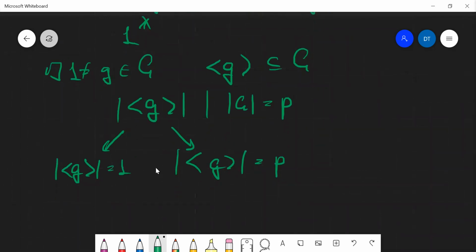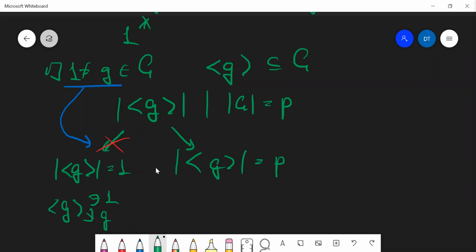But now, since the element g is not equal to the identity element, the first option cannot hold. This is impossible. Why? Because this subgroup contains the element 1, and it also contains the element g, and they are different elements.